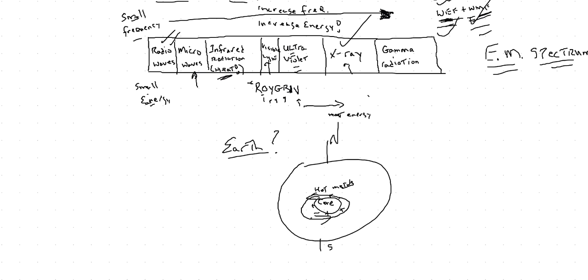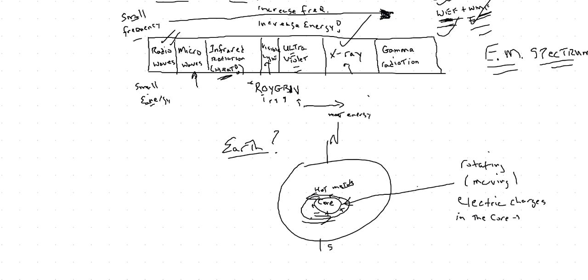So in the center of the Earth, we have rotating or moving electric charges. We know the Earth's magnetic field flip-flops every 40,000 years or something, but we don't know why. So we have rotating or moving electric charges in the Earth's core, and these produce Earth's magnetic field.